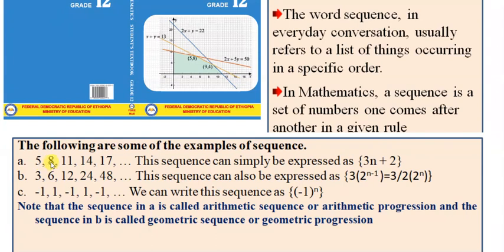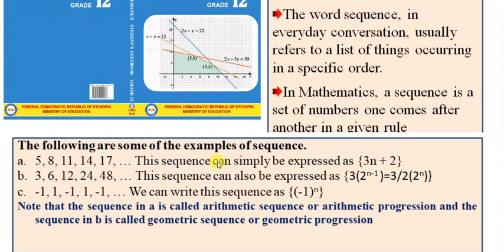For example, 8 is obtained by adding 3 to 5, and 11 was obtained by adding 3 to 8, and 14 is also obtained by adding 3 to 11, and so on. This sequence is said to be an arithmetic sequence.